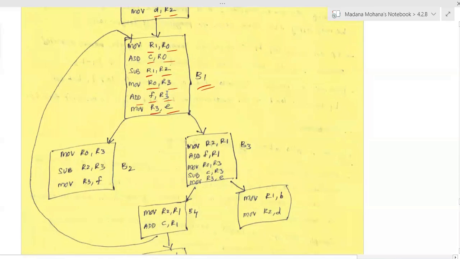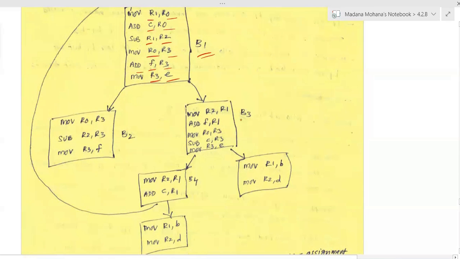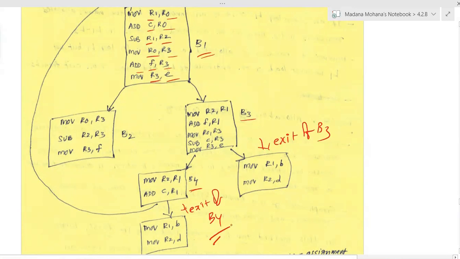Similarly for B2 block also, then B3 block also, then B4 block. So this is the exit of B3. Then this is exit of B4.